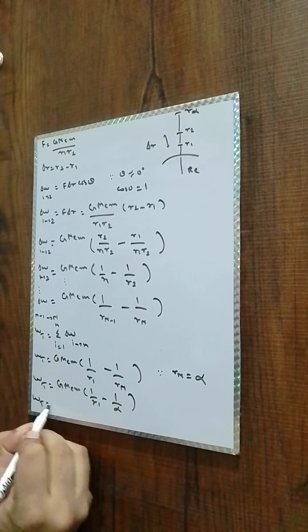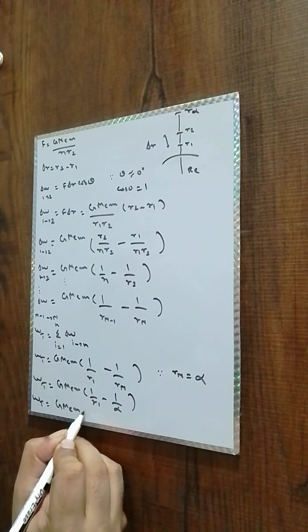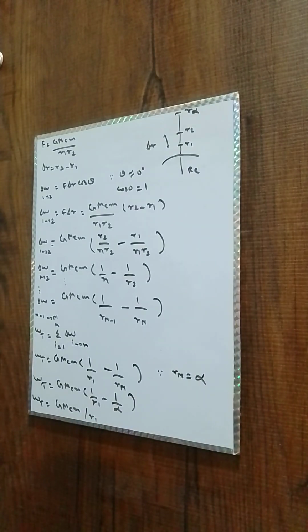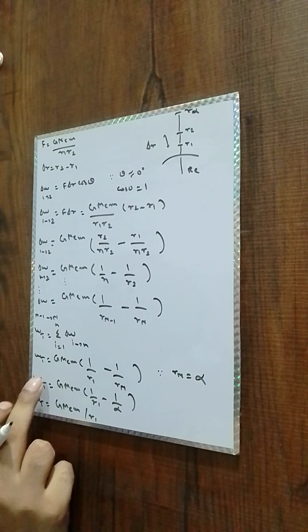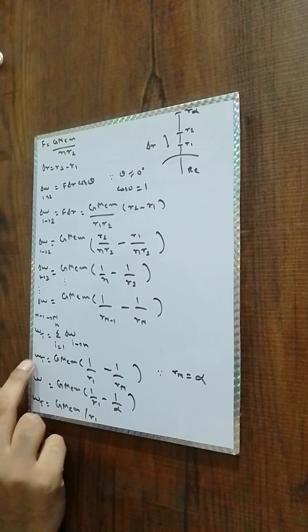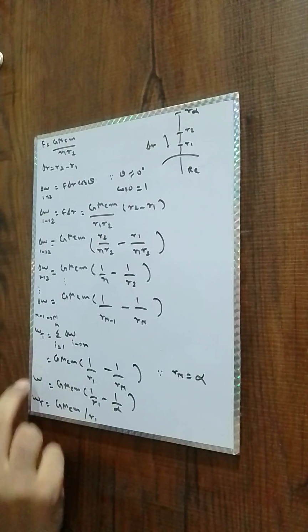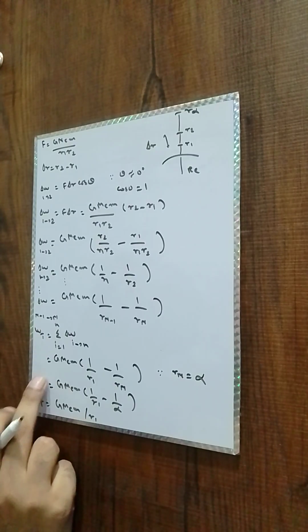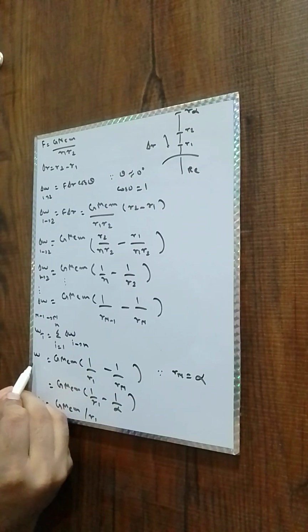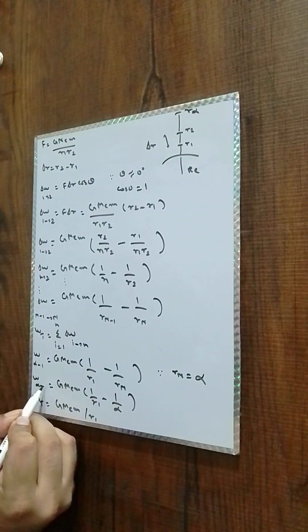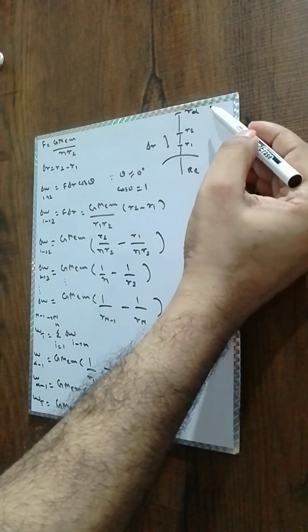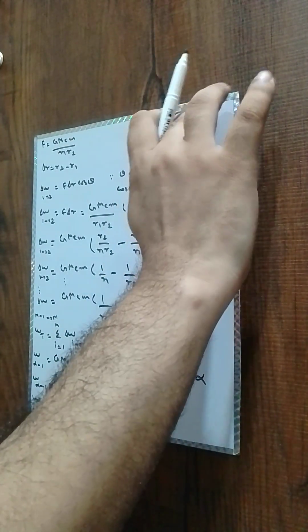So basically we are left with G Me m by R1, yes, the first radius, and this is the work from infinity to 1. See, the last point is infinity here.